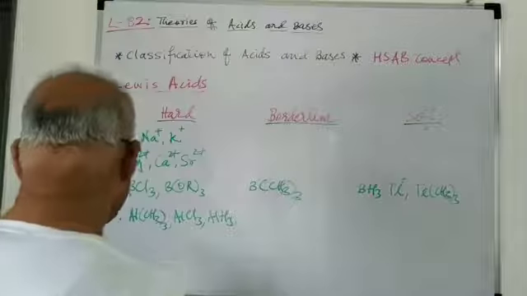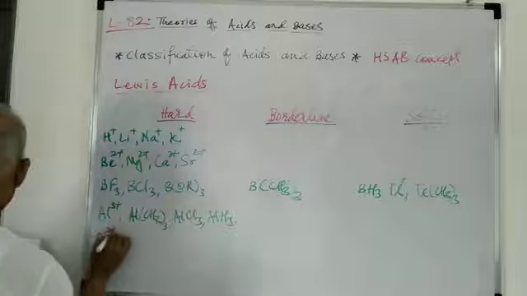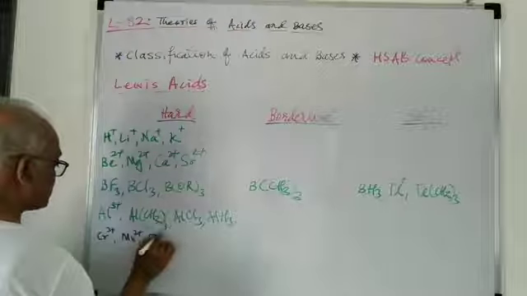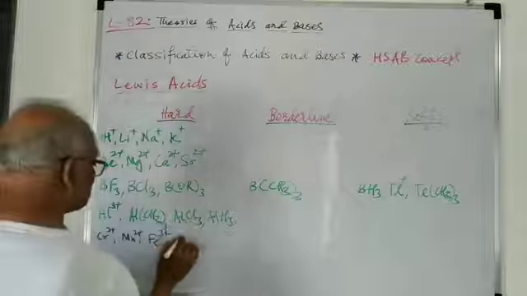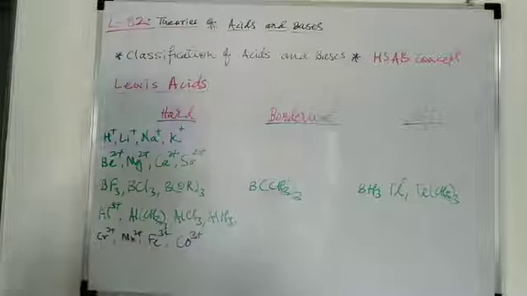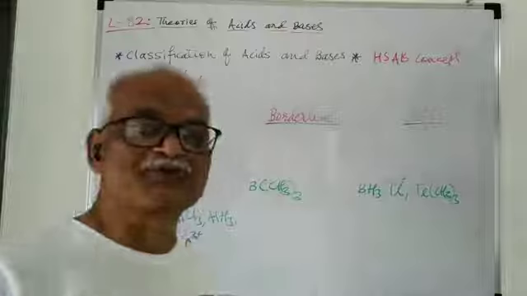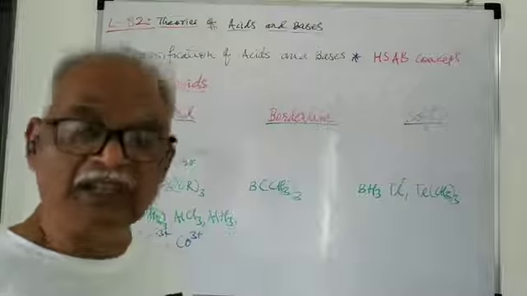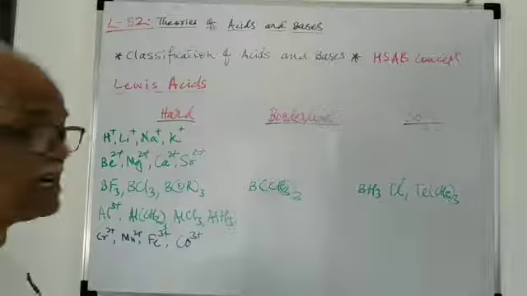Then the next harder ones are Cr3 plus, Mn2 plus, Fe3 plus, then Co3 plus. So these are heavy species in higher oxidation states, and that is why the d electrons are not really available for bonding in pi orbitals. So these have greater hardness.